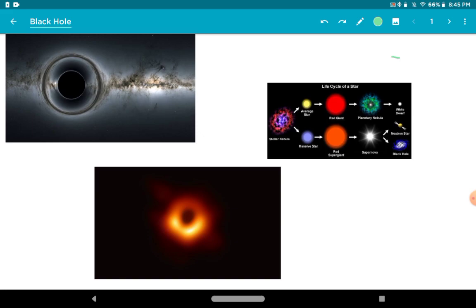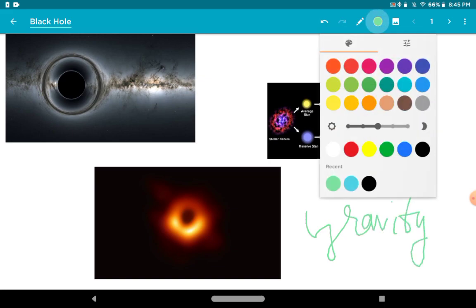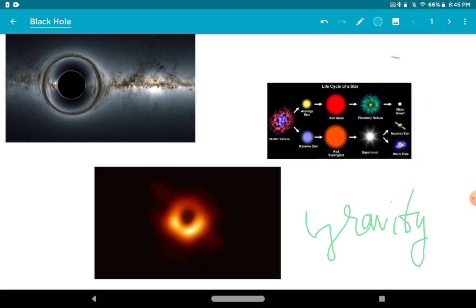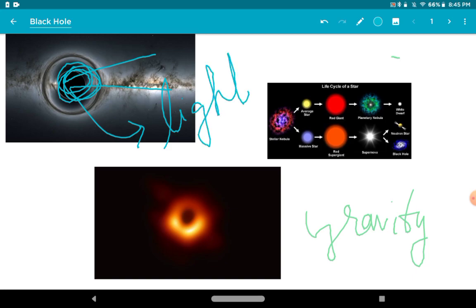Its gravity cannot be handled by anything. It's so strong that even light cannot pass through it. You can see that the light rays coming here, this entire portion is black, so the light also cannot escape here.